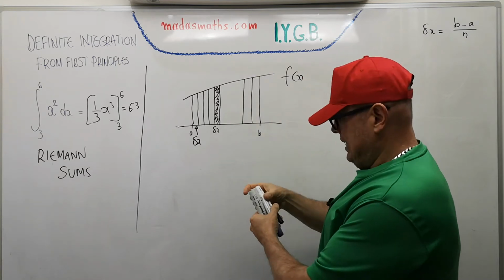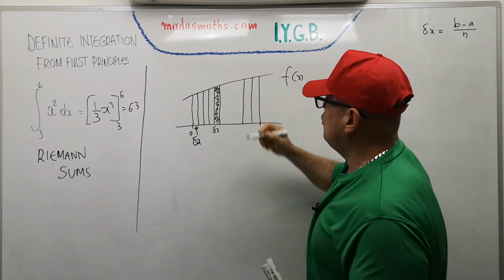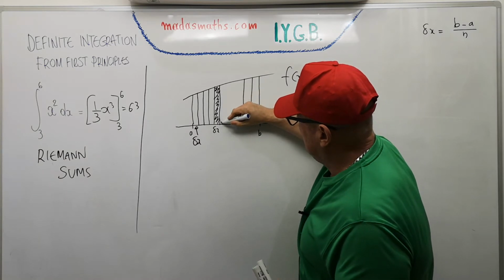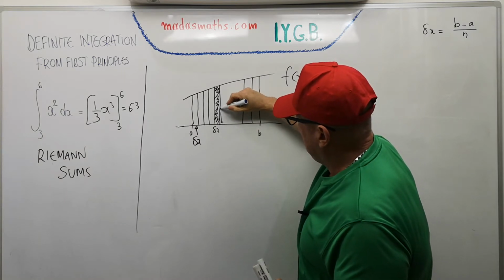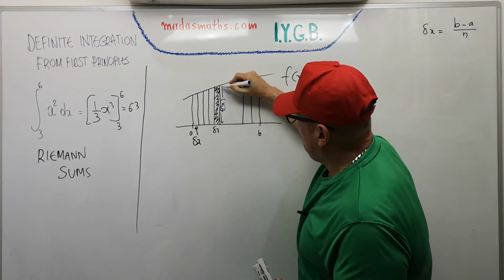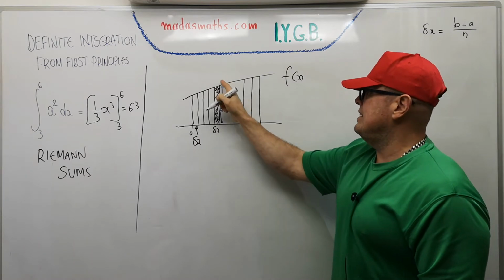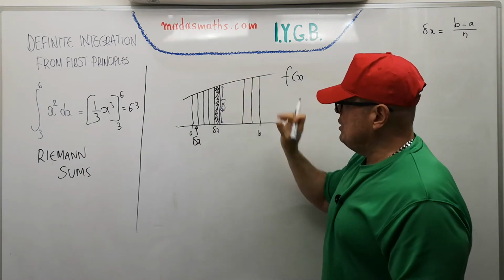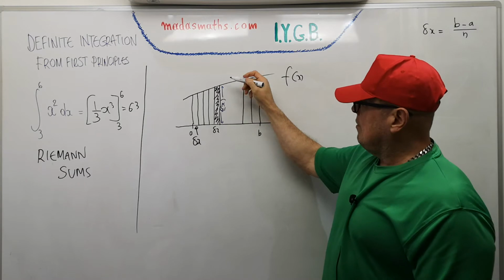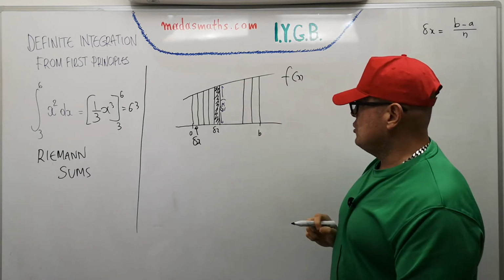Okay, so the average height, how can I mark it here? I'm going to mark it on the right, but that need not be on the right hand side. It's going to be the height of f of x. Well, not quite, because of course, how do I define this f of x here, the height of this particular rectangle? Which rectangle is that, is the next question.